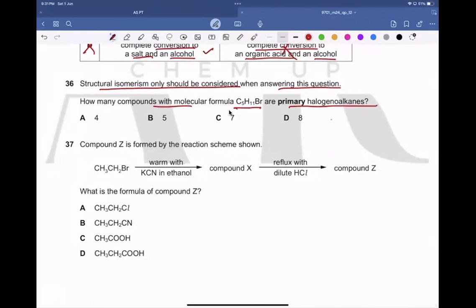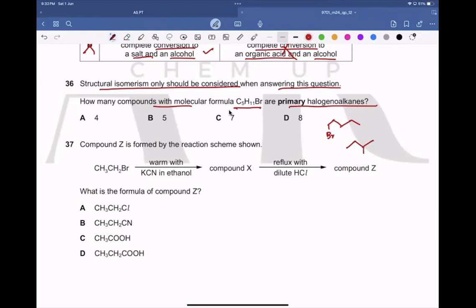Okay. So with the primary halogenoalkane, 1, 2, 3, 4, 5, and bromine on the first carbon. That is the one. Then 1, 2, 3, 4, 5, bromine on the second carbon. So that is a secondary one. No, they are asking for primary. Then how can I make primary? Yeah, 1, 2, 3, 4.